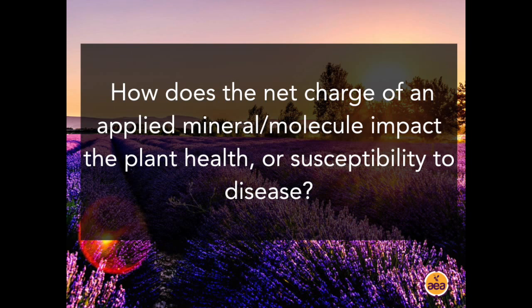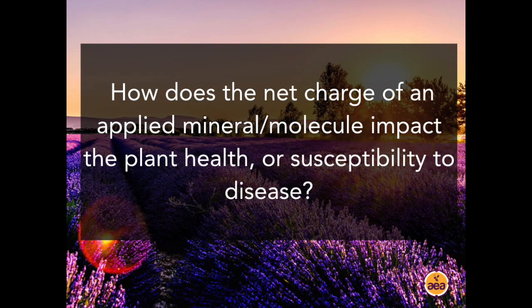Generally, we find that it is imbalances of those biophysical parameters that lead to the susceptibility of disease, and that it is these trace minerals which can help to restore that balance that will give us increased disease resistance.